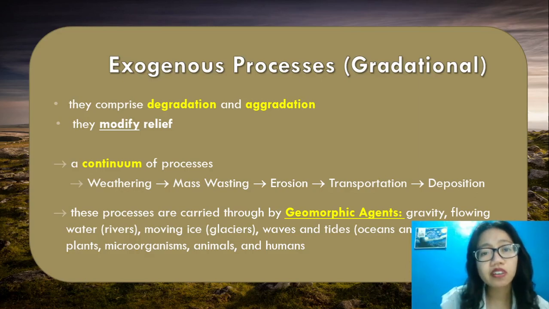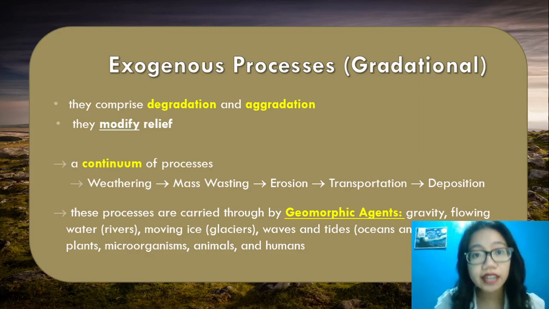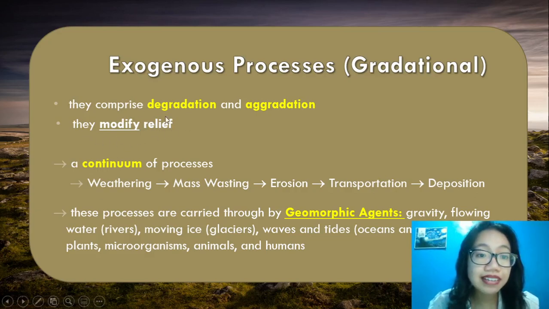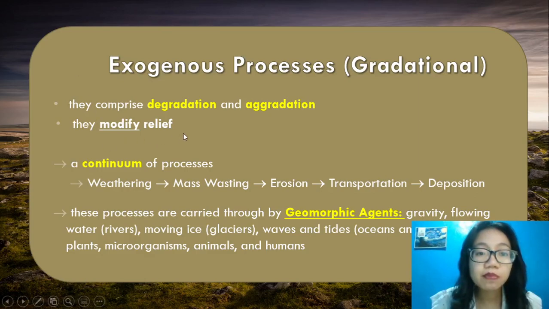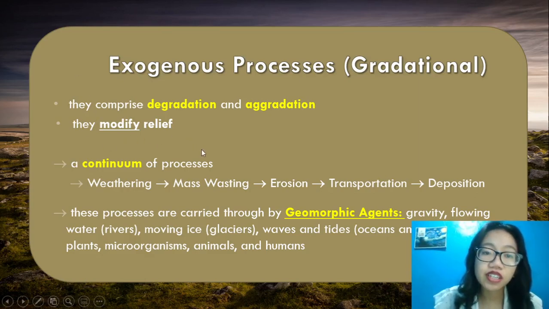So that part of the rock cycle is actually an exogenous process. As mentioned earlier, they modify relief, or your landscape. In this part of the lecture, relief is synonymous with landscape. So they modify landscape due to degradation and aggradation.